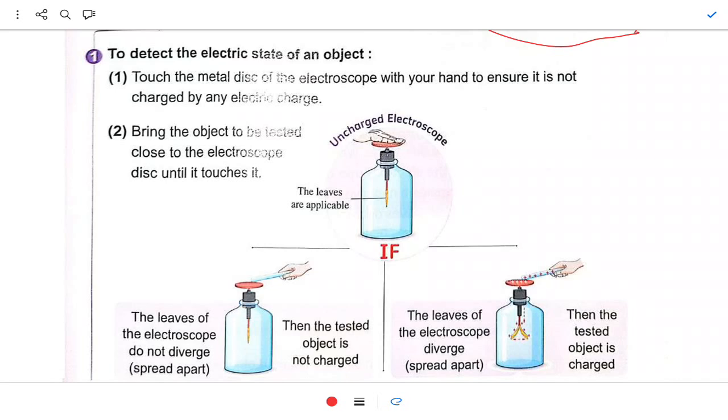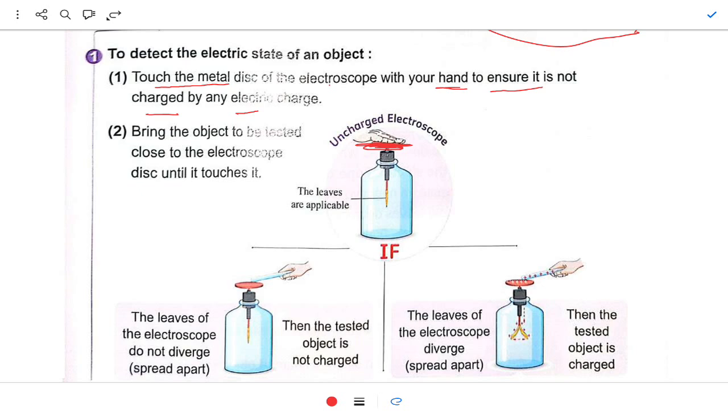So the first thing you should do is touch the metal disc of the electroscope with your hand to ensure it is not charged by any electric charge.